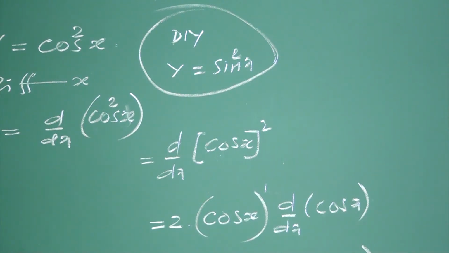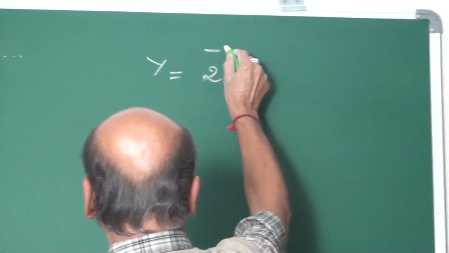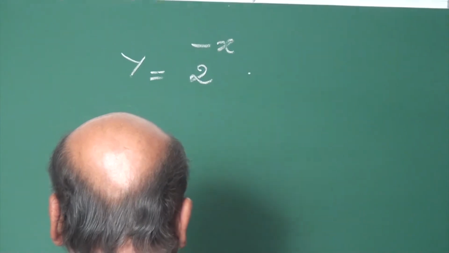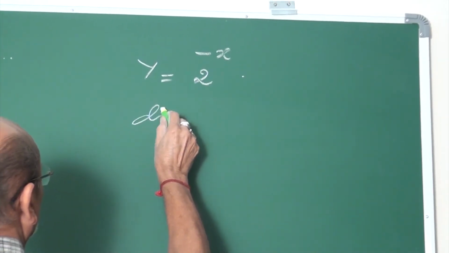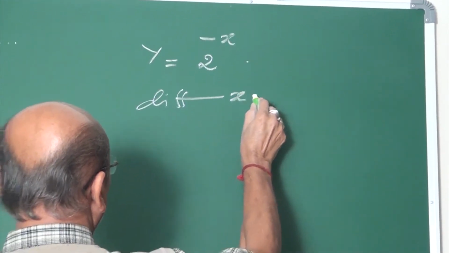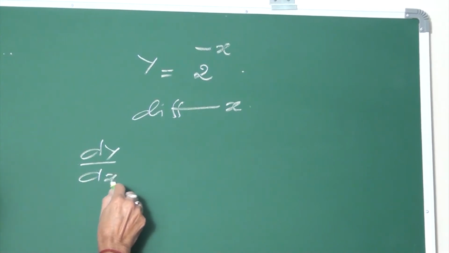Find both first and second derivatives. y equal to 2 to the power minus x. Differentiate with respect to x. Derivative of y, dy by dx.